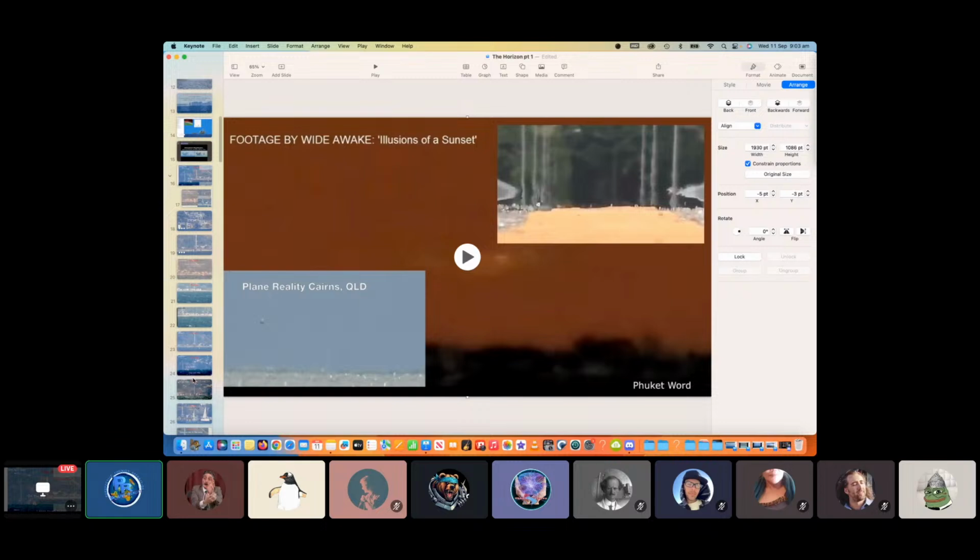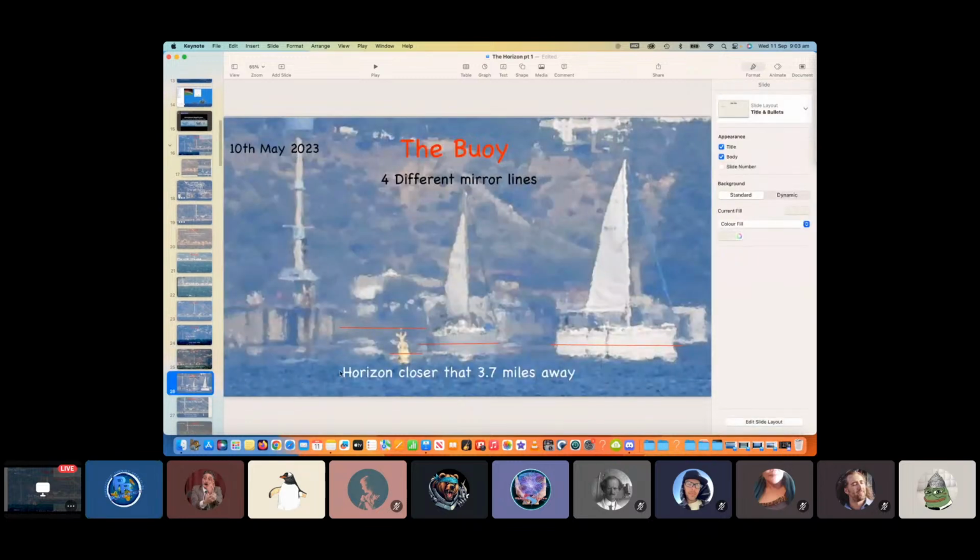Let me get back over to around about here now. Okay, so I've actually got... Sorry, I just want to add real quick that if they're going to invoke that the mirror line is the horizon, then those pictures of the ship that's floating, they couldn't say that the horizon's down at the bottom.